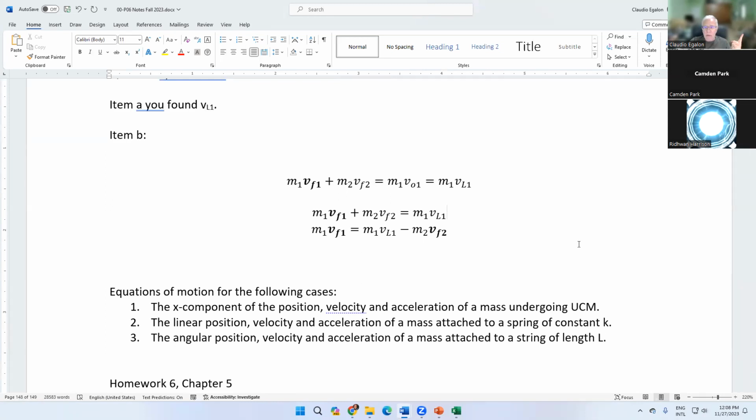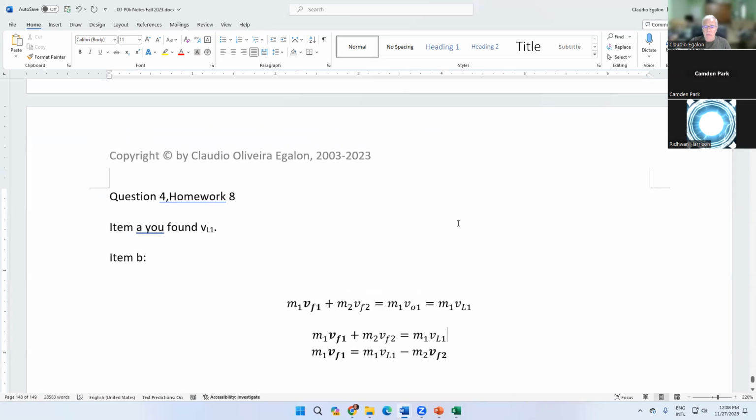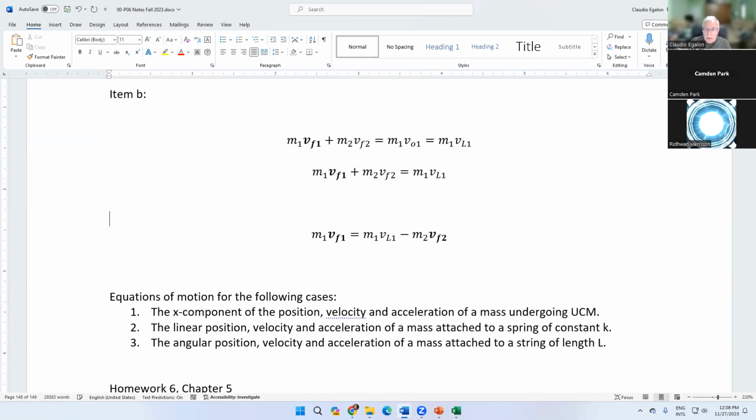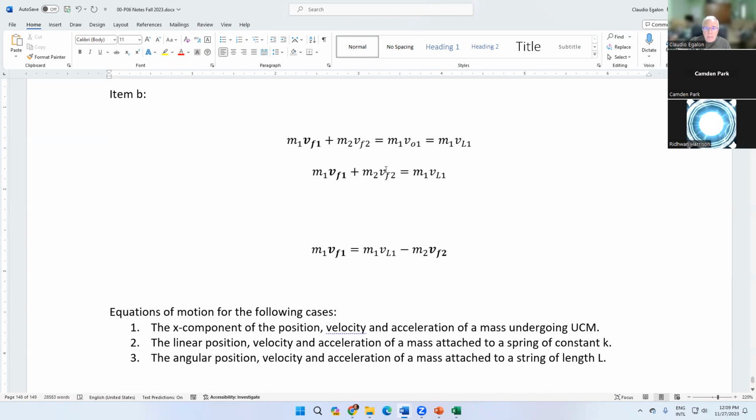What else is conserved besides momentum? In an elastic collision, you have conservation of momentum and you also have conservation of energy. So you're gonna need another equation here. I should have put it here. Let me put it here.